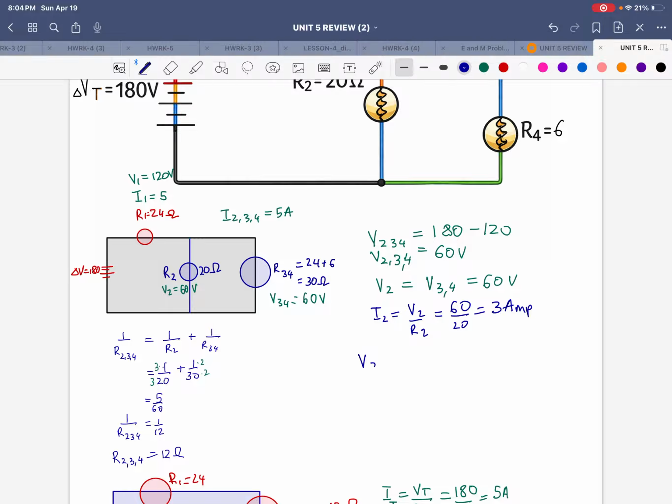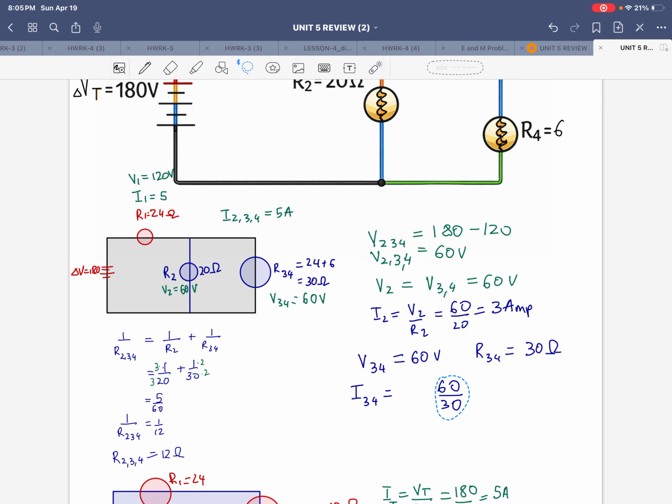The voltage in 3,4 is equal to 60 volts, and the resistance in 3,4 is, we said, 30 ohms. So that makes the current in 3,4 equal to 60 divided by 30, because that would be V over R. Let me just write the formula. So that would be equal to 2 amps.